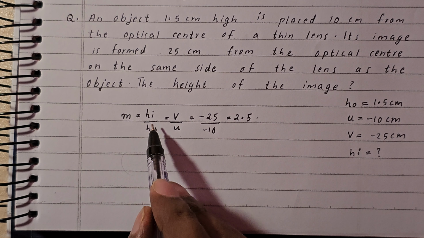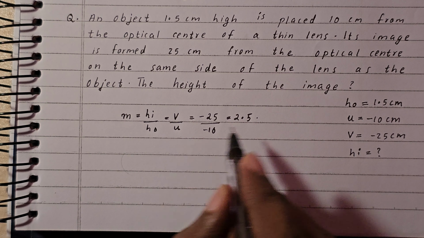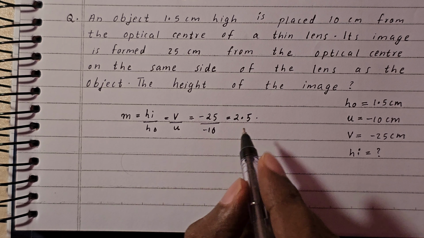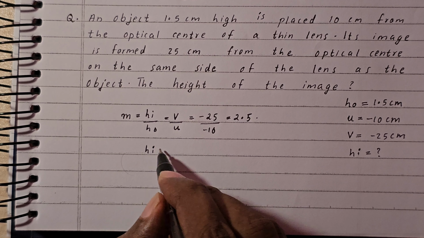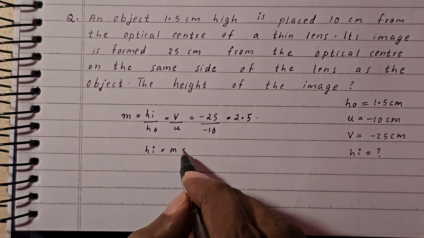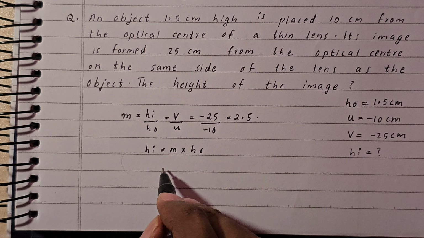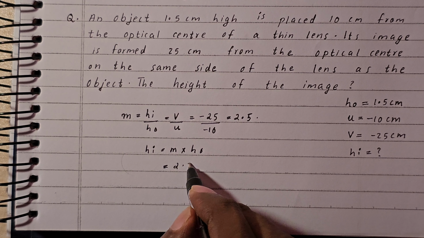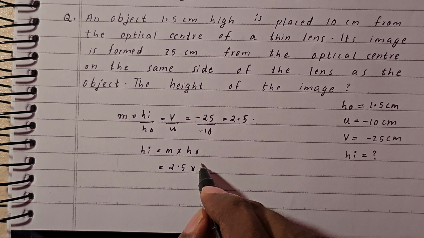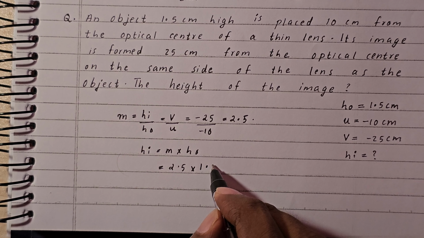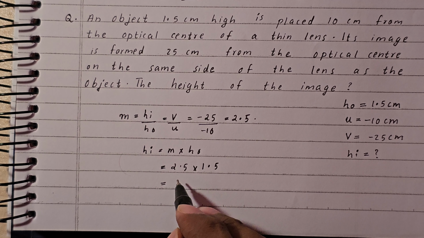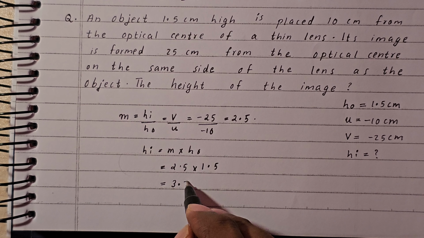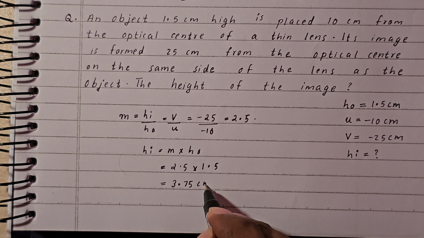So m is equal to hi upon ho. So m is calculated. So hi is equal to m times ho is equal to 2.5 times 1.5, that is approximately 3.75 centimeter.